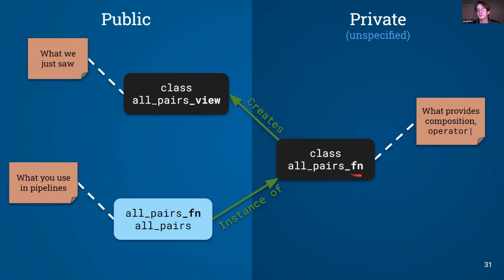The convention is to have the FN suffix. And that is what provides the composition and piping operation kind of thing. And that'll inherit from something which does this generally, and then you have your specific version for all pairs. And then there's a public instance of this, a global instance, and that's what you put into pipelines, so like filter.